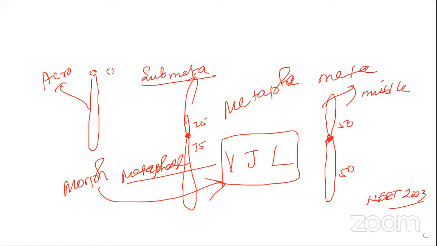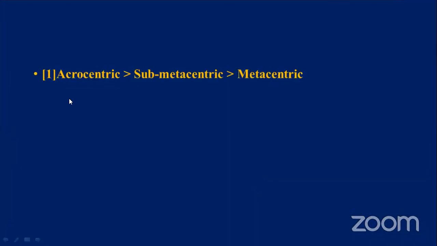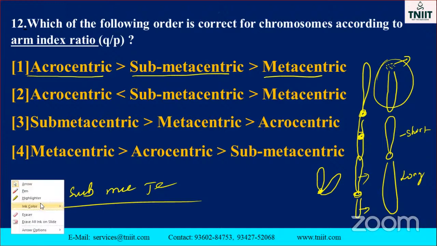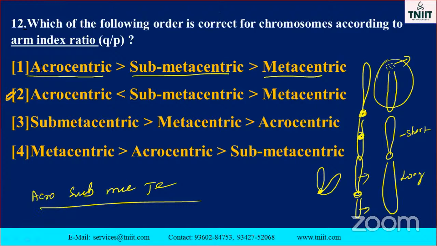Go to the next one. See this one. The option is here: acrocentric, submetacentric, metacentric. The first one is the correct answer. The remaining ones are wrong. This is the key for the confusing order. This one is confusing. So acrocentric, acrocentric, submeta, submeta, but metacentric.